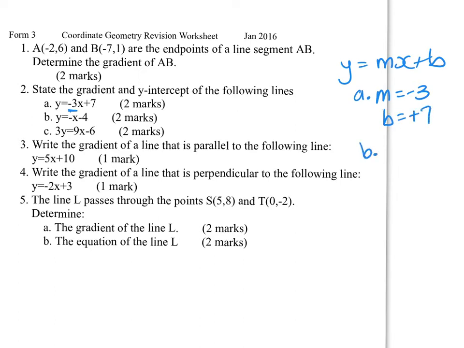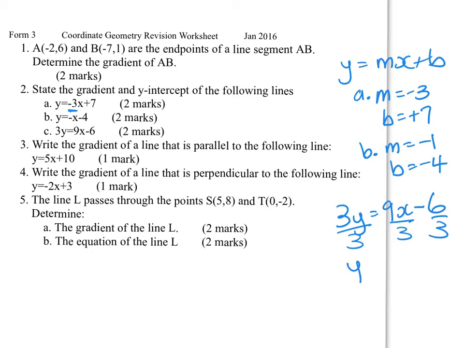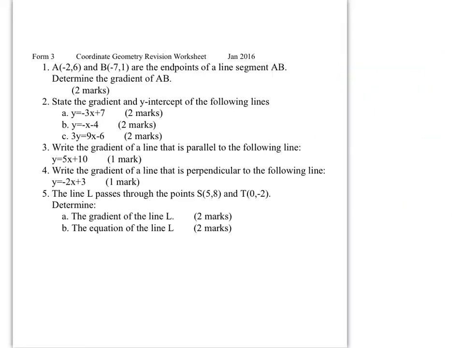For B, the gradient is minus 1 and the y-intercept is minus 4. For C, we first have to bring it to the form y equals mx plus c, so we divide everything by 3. We get y is equal to 3x minus 2. So the gradient is 3 and b is minus 2.